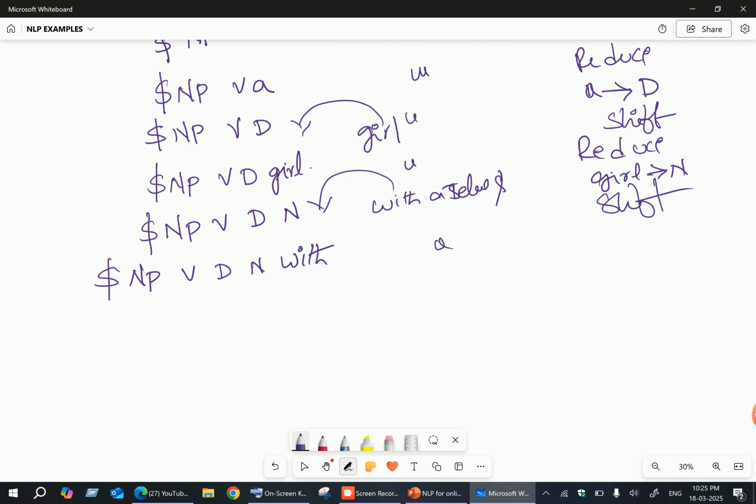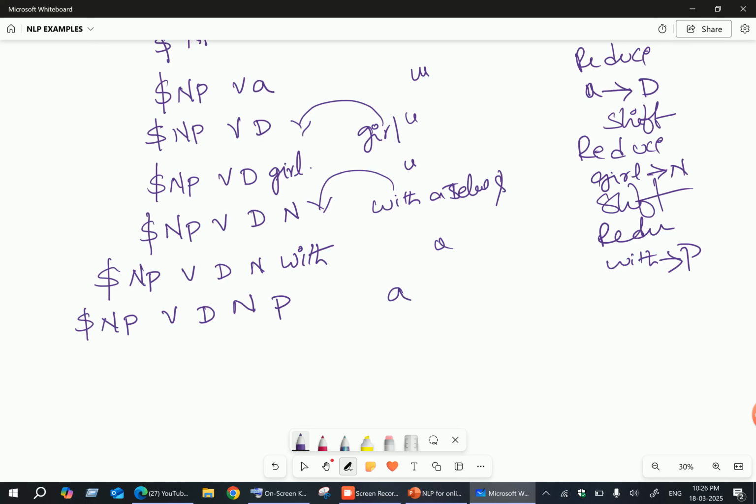Then perform reduce. With is a preposition, right? Transfer to preposition. So now $NPVDN and preposition, right? And preposition.